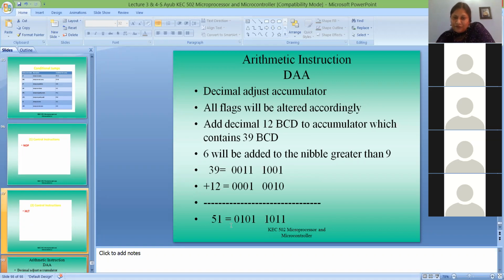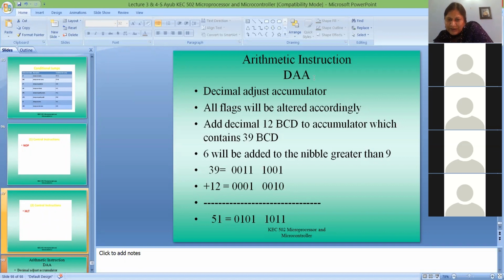But suppose you want to treat this data as BCD, binary coded decimal data, that means decimal data. In the accumulator it will be hex, but for you to treat that data, it will be binary coded decimal.